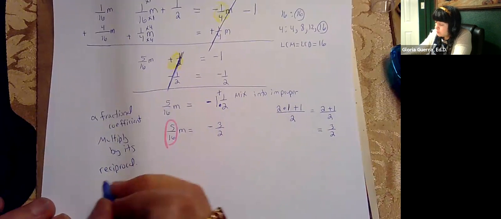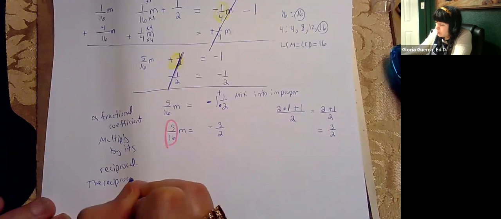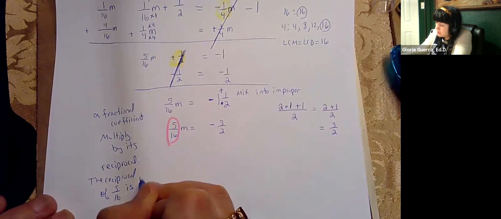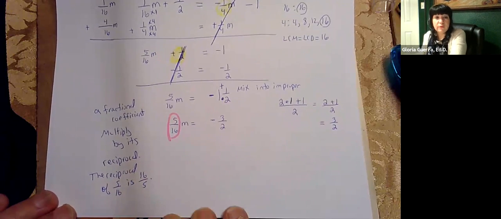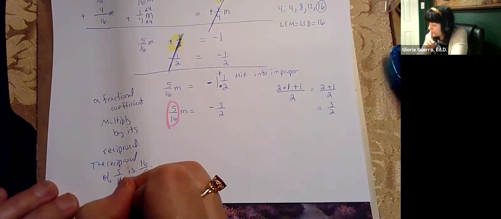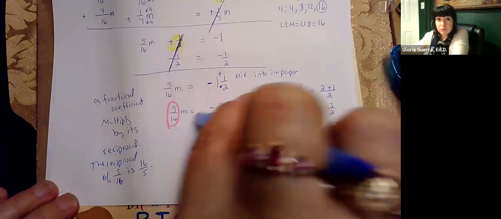Okay, so the reciprocal of 5/16 is 16/5. So you want to multiply this and this by 16/5.